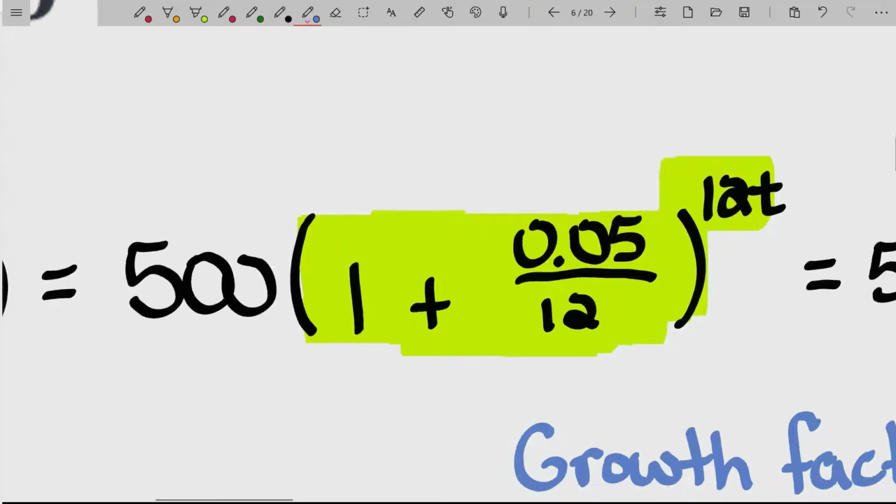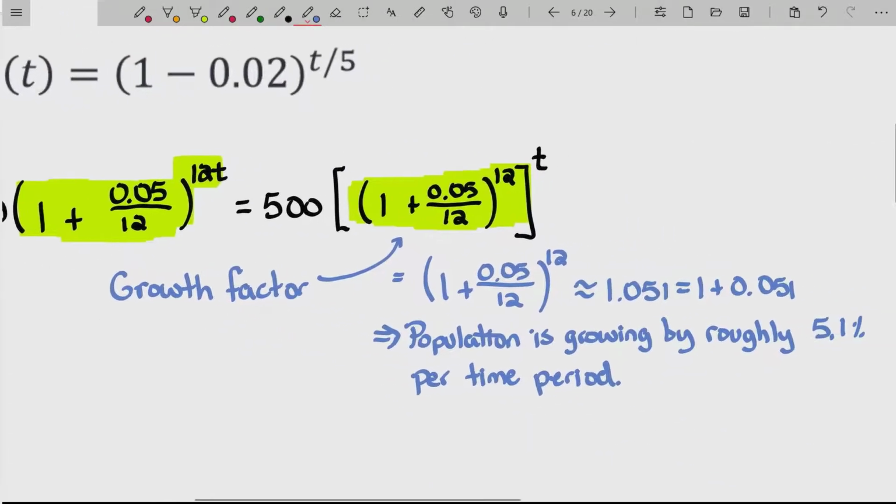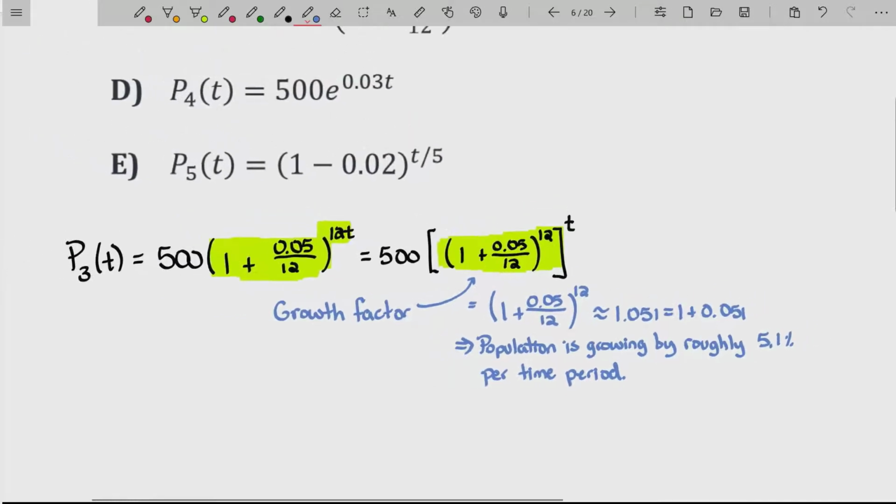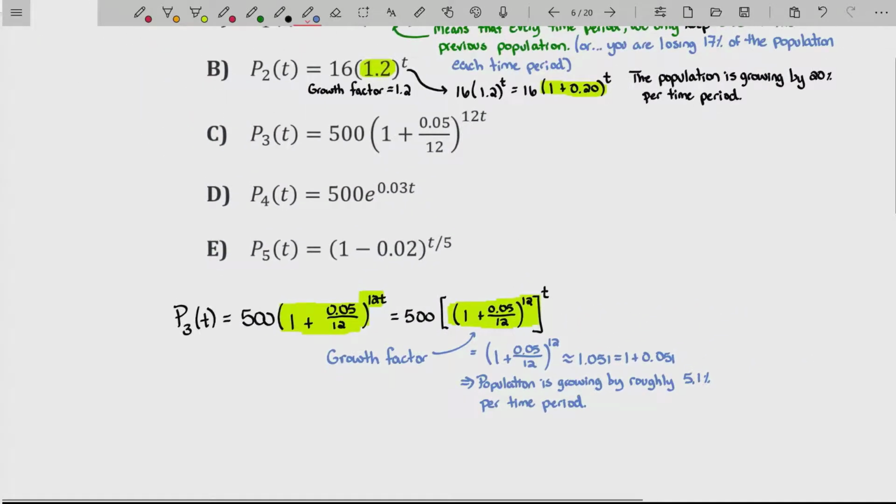And yet, at the very end, we're saying the population is growing by 5.1%. It's because compounding monthly, you get more interest when you compound monthly versus compounding just once a year. So that's why we get more than 5% at the end of the year, because we're compounding monthly. All right. So the growth factor there is 1.051.